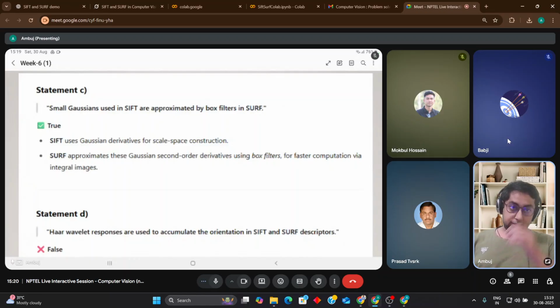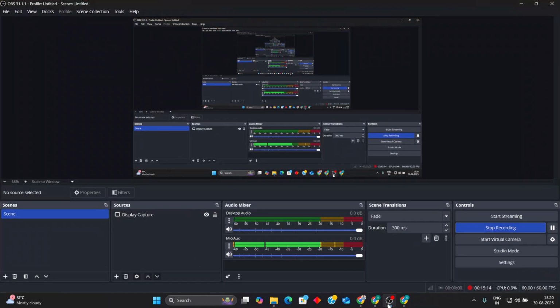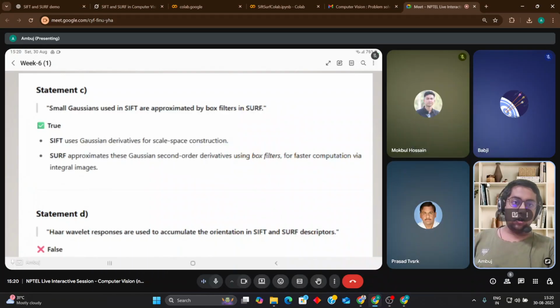Whether it is signal processing, image processing, computer vision, or any particular mathematical aspect, in all those domains filters are very important.